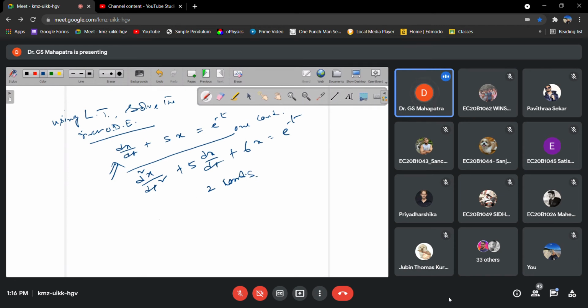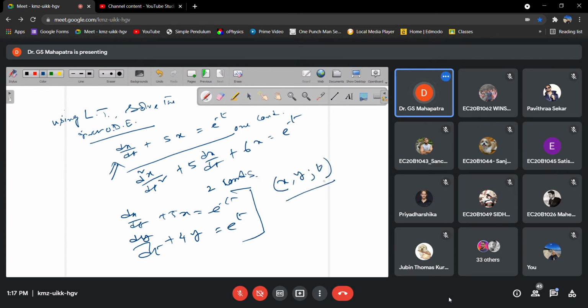Now if you have two differential equations, that means the first one, dx/dt + 5x = e^(-t), and another equation, dy/dt, arbitrarily, plus say 4y = e^t, then you have to solve this. What type of equation is this? Two equations, that means two dependent variables x and y and only one independent variable t, correct?